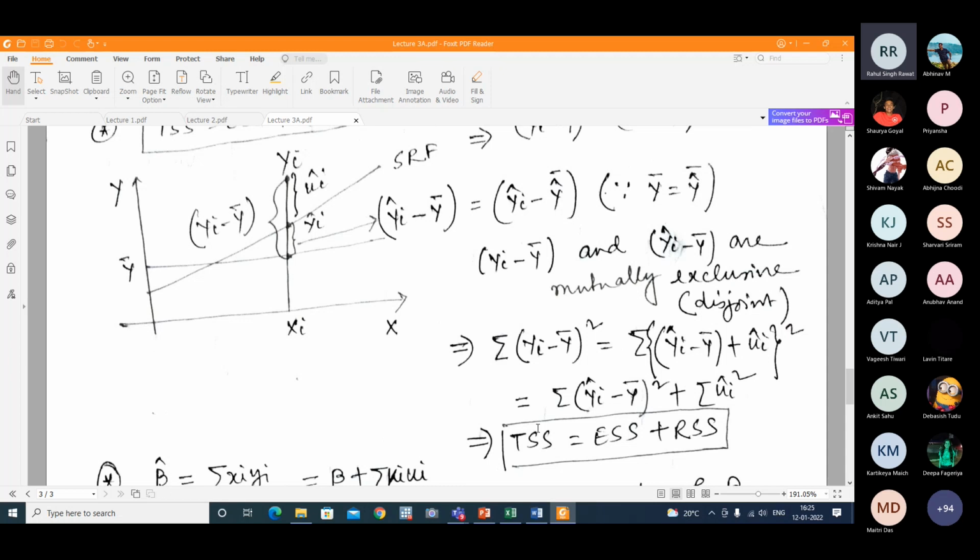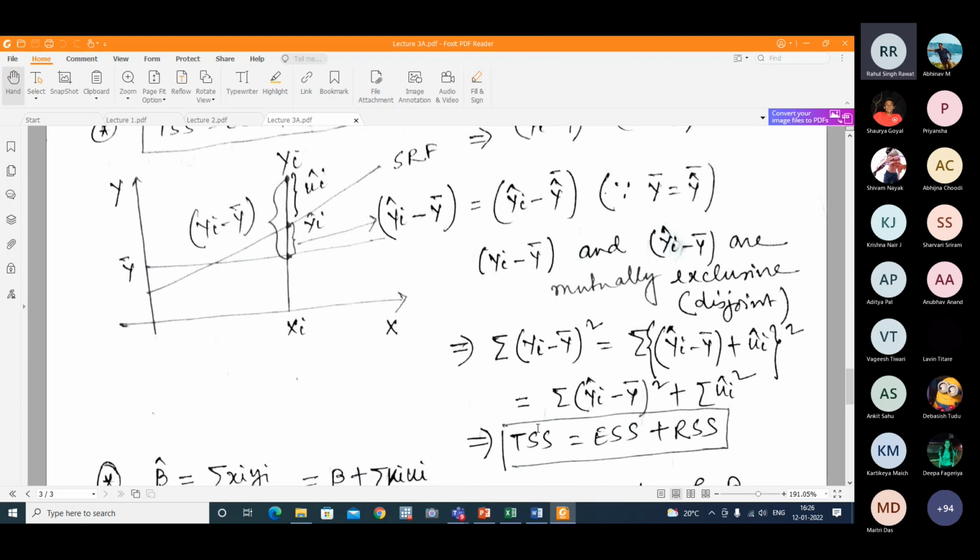I think you have studied in consumption theory that when you started with a linear consumption function, and subsequently you have studied that as income increases, consumption increases but at a decreasing rate. Means marginal propensity to consume declines with increase in income, and the consumption function becomes quadratic.